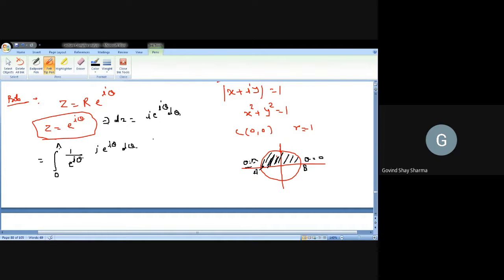So the path A to B. Here A, here B. Here theta is equal to 0 and here theta is equal to pi. The integration will be 0 to pi.